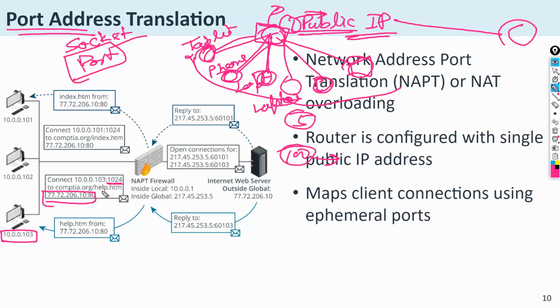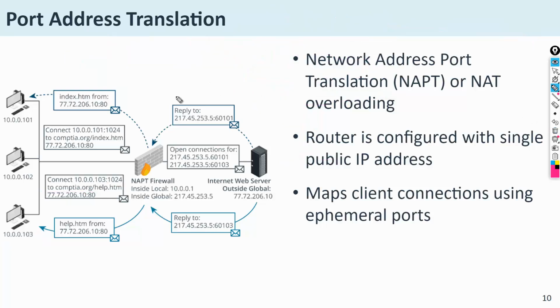Not getting my point? Okay, in simple terms, this is a computer which has IP address 10.0.0.1, this is another computer which has the IP address .2, and another computer has the IP address .3.